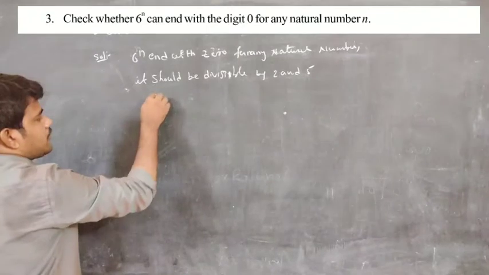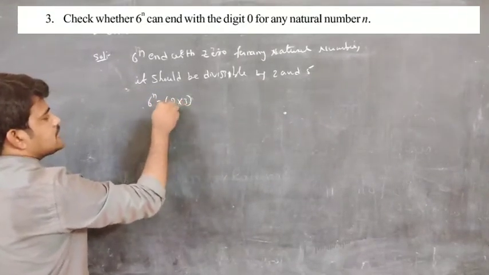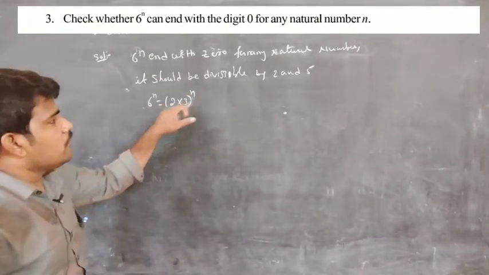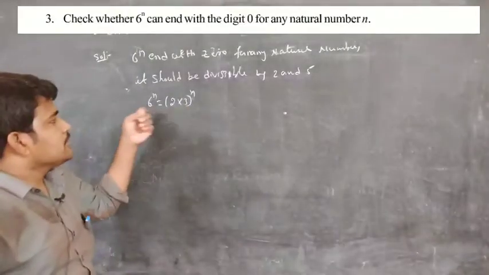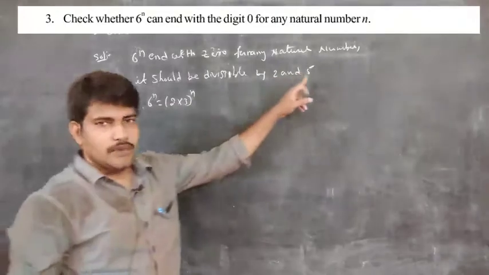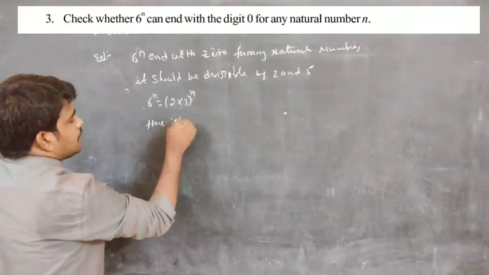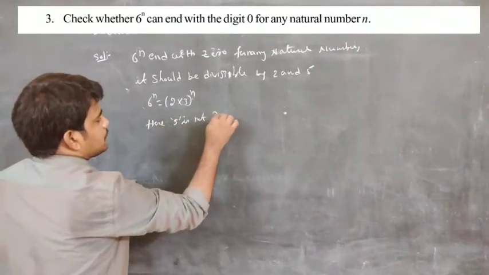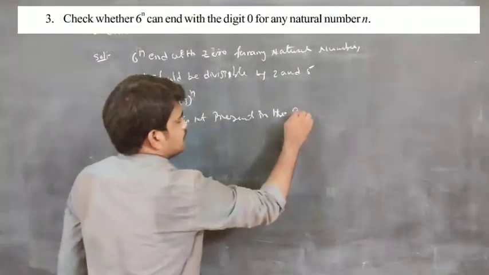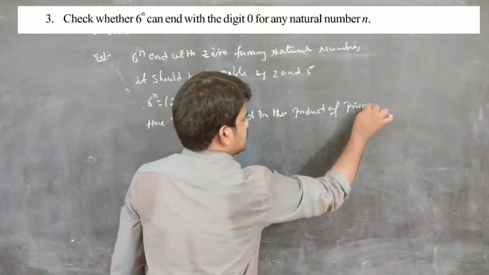For example, 6 power n equal to 6. The 6 is written in the form of a product of primes, 2 into 3. So (2 into 3) whole power n. Here in the product 2 into 3, there is no 5, only 2 is here. So 6 is divisible by 2 only. 6 is not divisible by 5. So 5 is not present in the product of primes.